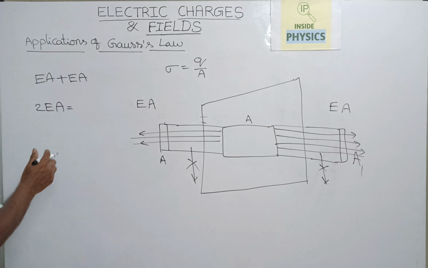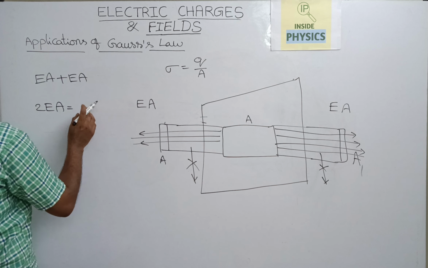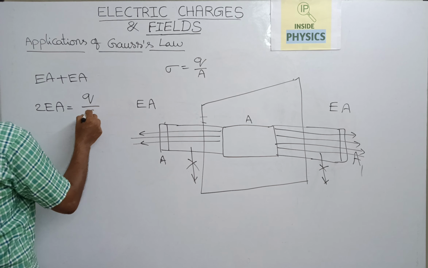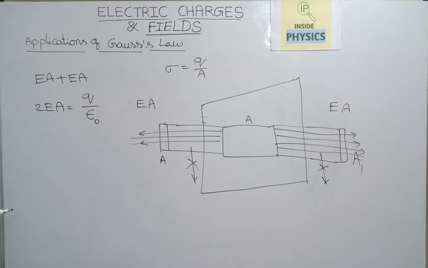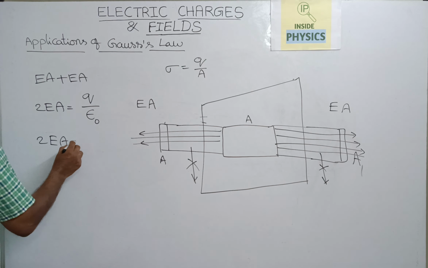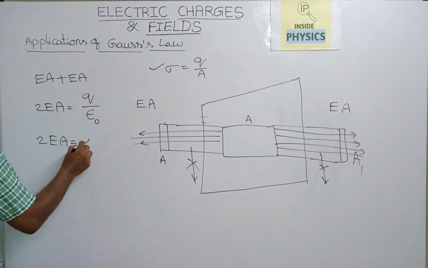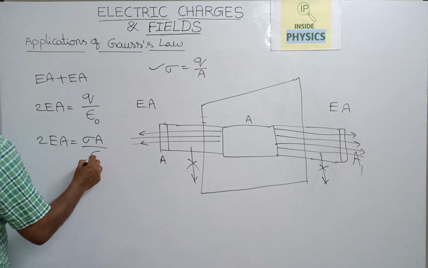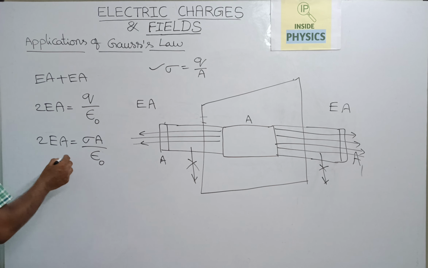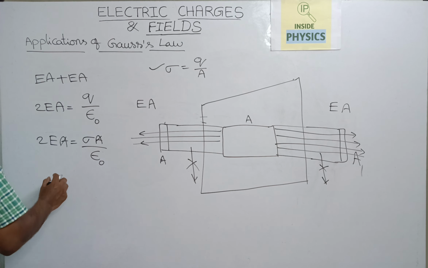So from Gauss law, the total electric flux 2EA is equal to Q by epsilon naught. What is Q here? 2EA is equal to sigma A by epsilon naught, and here A is cancelled.